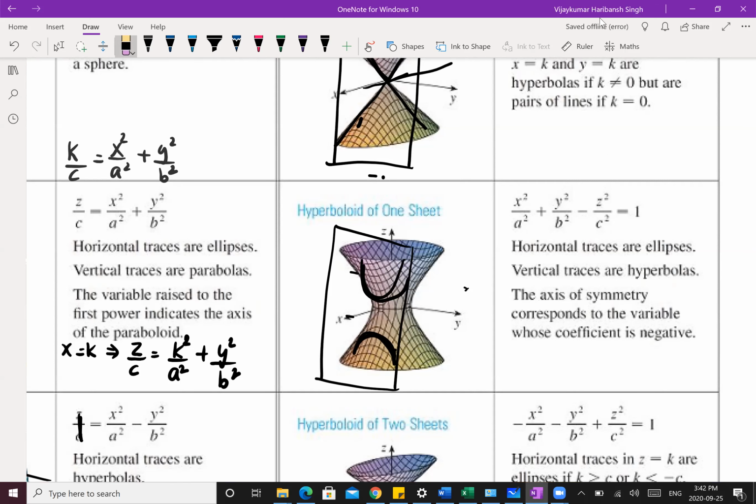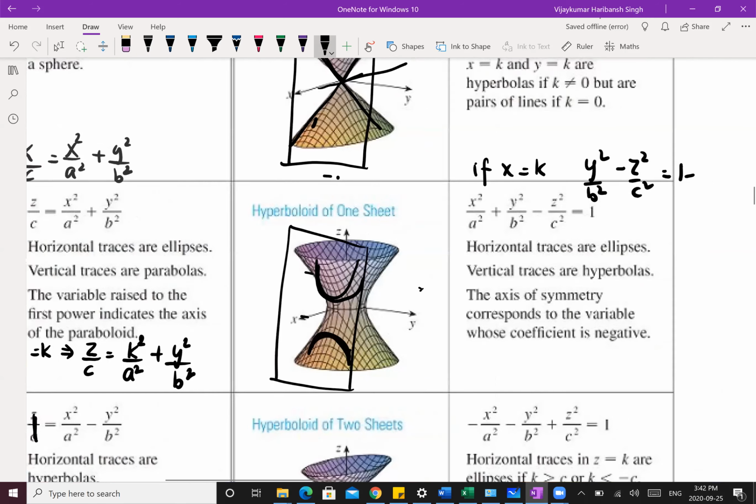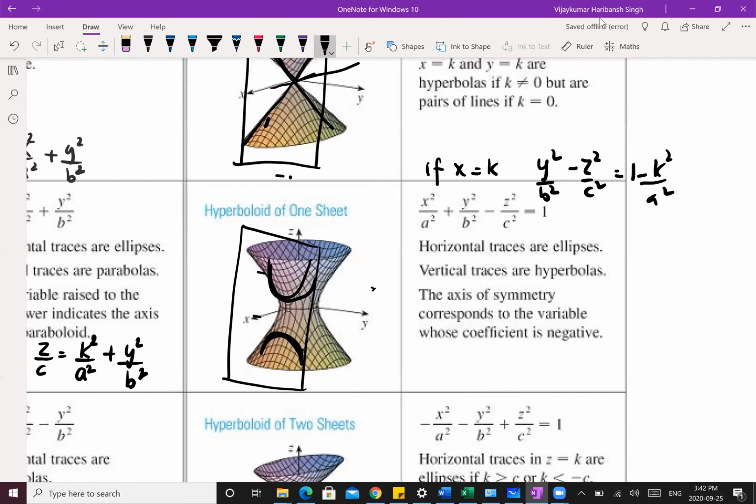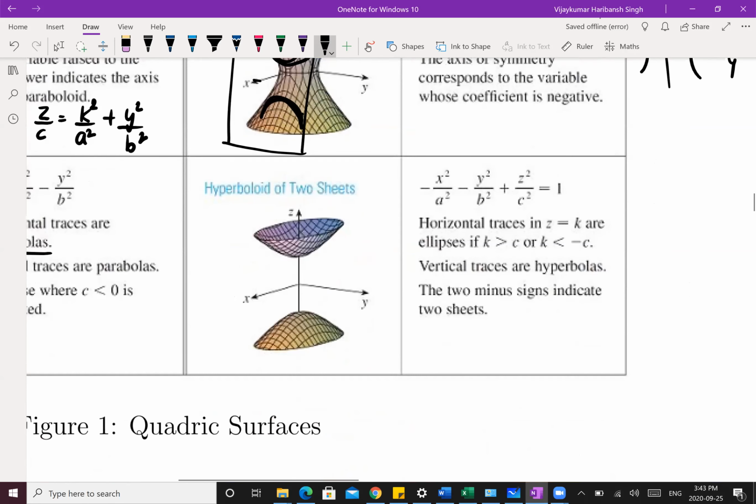If you take x equals k, then we get y squared by b squared minus z squared by c squared equals 1 minus k squared by a squared, which is some constant, right? So you get basically a hyperbola in the y-z plane, with the y-axis and z-axis, and it will be like that. Similarly, we have the hyperboloid of two sheets.